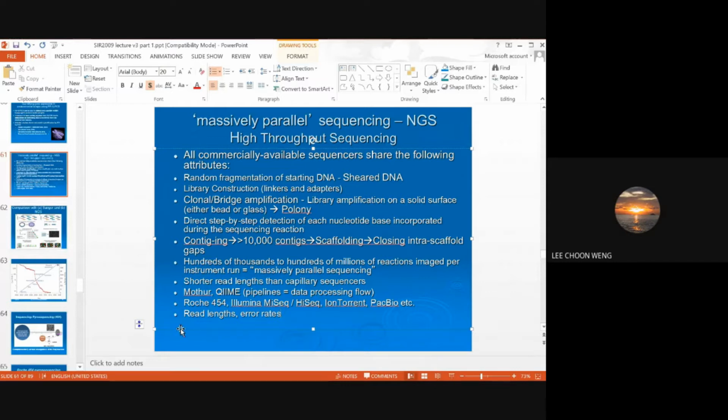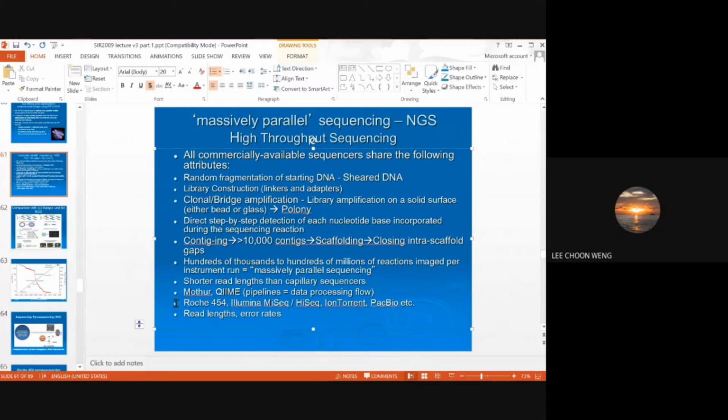So when you look at read lengths, so how long can these platforms generate? How long is the read that these platforms can generate?